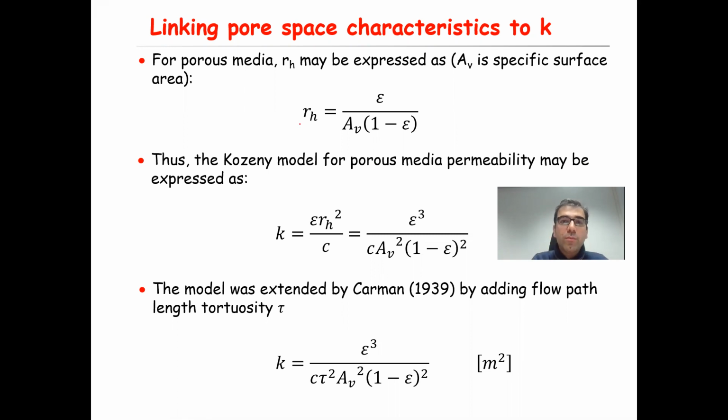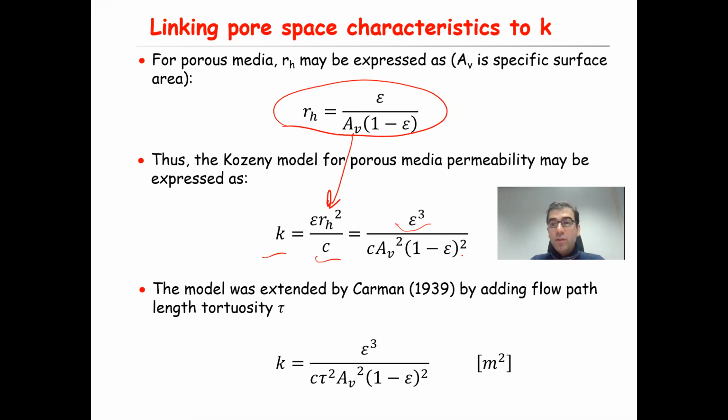If you plug this expression into this equation, you can rewrite the permeability as epsilon times RH to the power of 2, that will be epsilon to the power of 2 times epsilon, which is epsilon cubed, divided by AV to the power of 2 times 1 minus epsilon to the power of 2, and everything should be multiplied by this shape factor. Okay, so the permeability will be equal to epsilon to the power of 3 divided by C AV to the power of 2 times 1 minus epsilon to the power of 2.